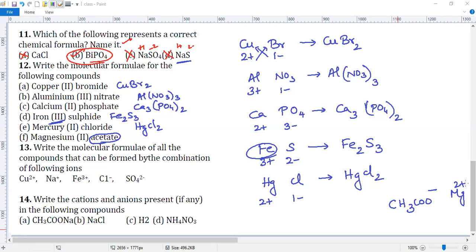You will do a cross and you will get Mg(CH3COO)2, two in number. This is how you should write magnesium acetate. If you have written that Mg's valency is 2 plus, that's more than enough. CH3COO's valency is minus 1. So when you cross it, you will get Mg(CH3COO)2.